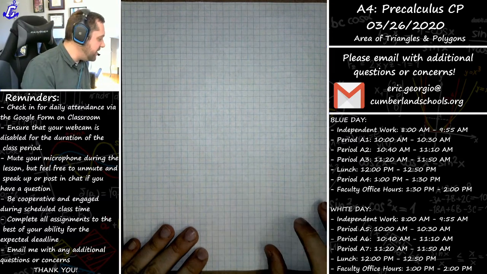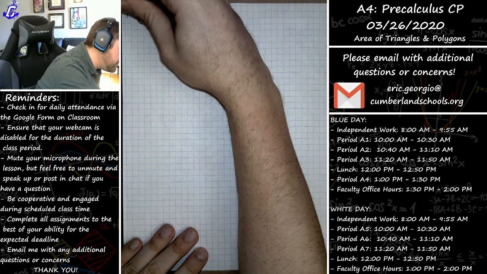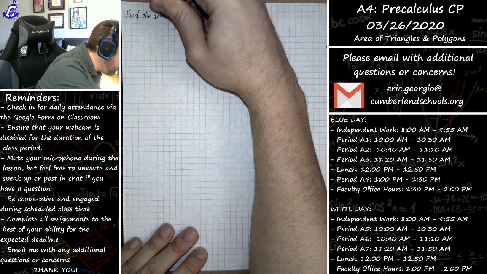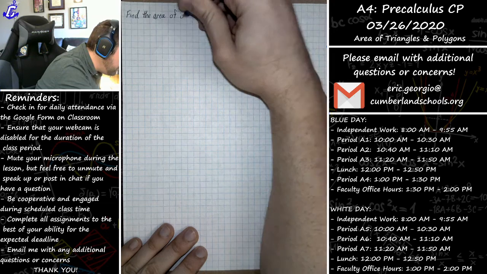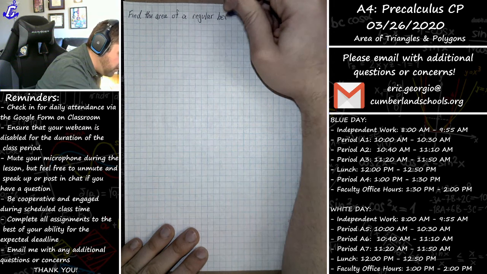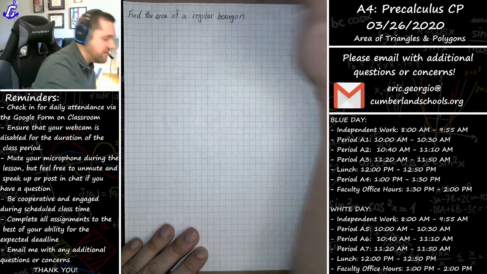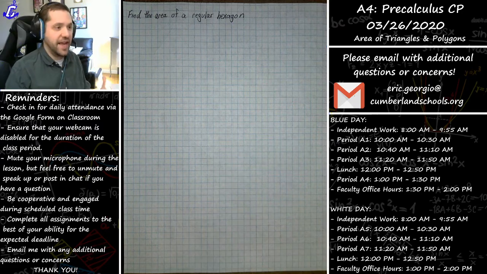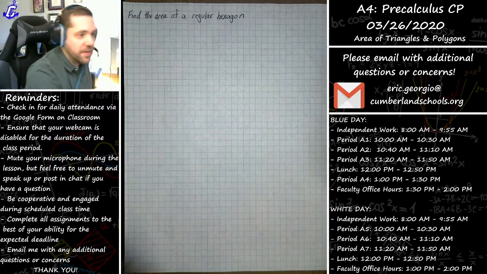I can then extend this idea to say, ready? Find the area, don't freak out, don't panic, of a regular hexagon. Oh boy, regular hexagon, good old geometry. Regular again, meaning that all the sides and angles are the same, so it's just a standard hexagon. And hexagon being 6 sides, correct?